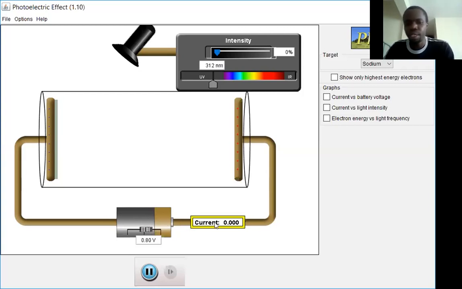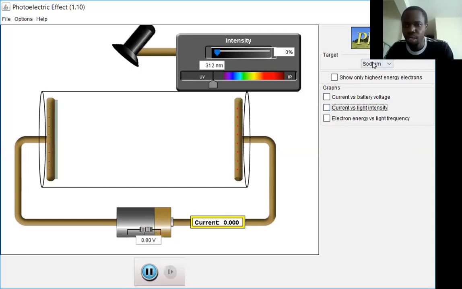You can vary it and then we see what happens to the current. We also have graphs. As we do all that, we can observe the change in light intensity and current, or current versus the intensity.